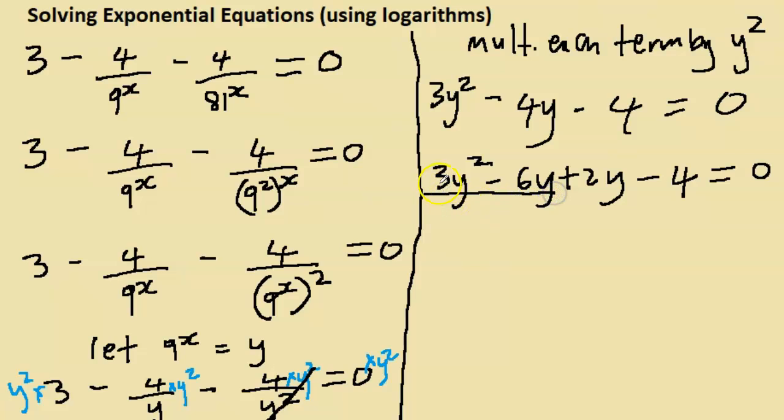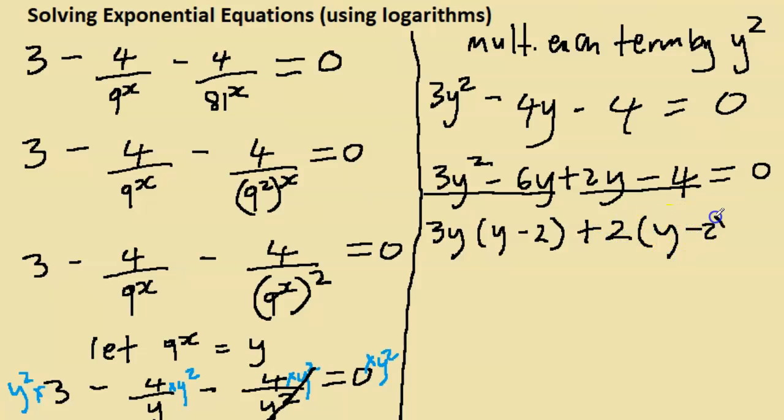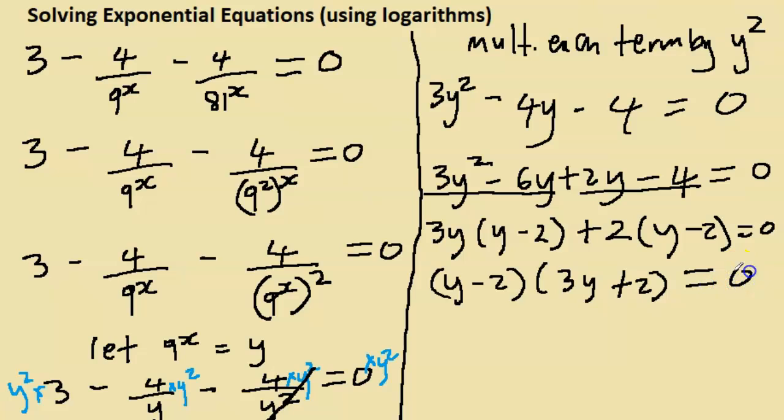Alright, so first group we factor out 3y, the common factor, and we end up with y minus 2. The other group, the common factor there is 2, so we factor out 2. We end up with y minus 2. So this factorizes as y minus 2, which is a common factor there, and we have 3y plus 2, all of that equal to 0.